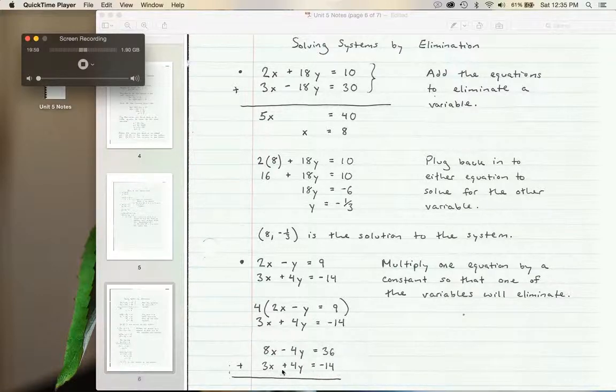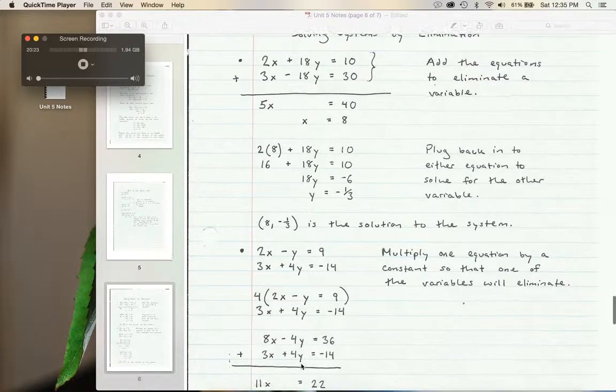Here I have my modified system of equations. Okay, I haven't changed the first equation because I've multiplied it by every single term on either side of the equal sign. So this equation, although it looks different, is actually equal to our original equation 1. Once I have this new modified system, you'll see that I can add them and that the y terms will cancel out.